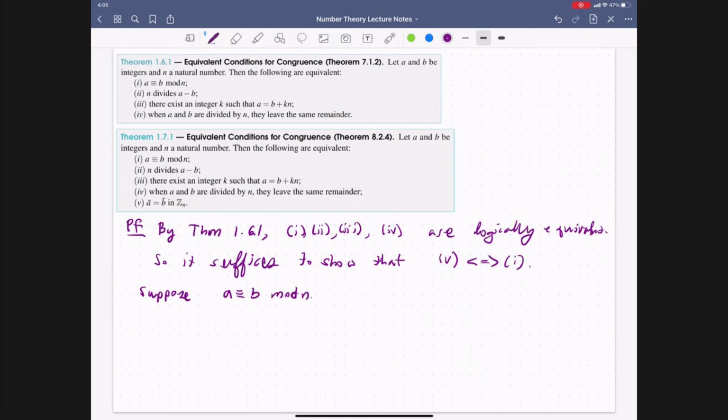So this is equivalent, by the theorem, to a is equal to b plus nk for some integer k.